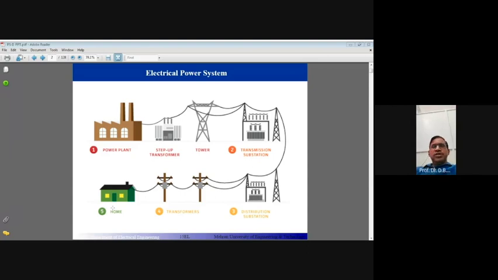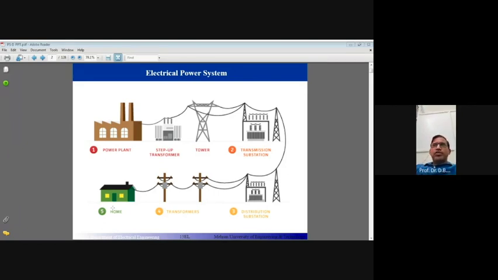If I transmit this 11 kV generated power from the generating station to the load center, the transmission efficiency is very low. So low voltage transmission of bulk power is not economical. Based on the economics of operation, and to improve the efficiency of the transmission system, we now use step-up transformers as per the availability of power.